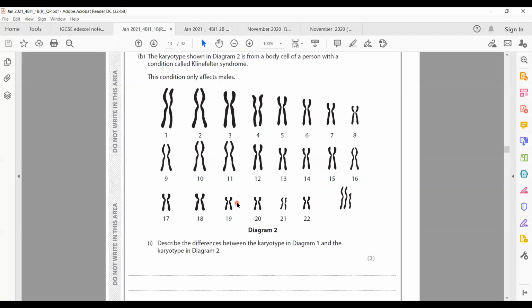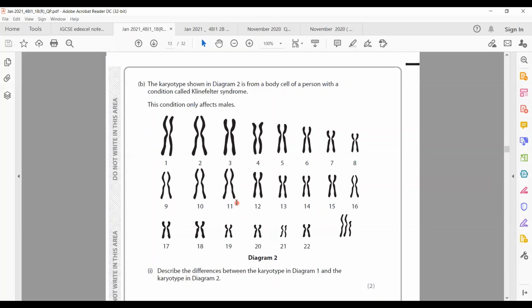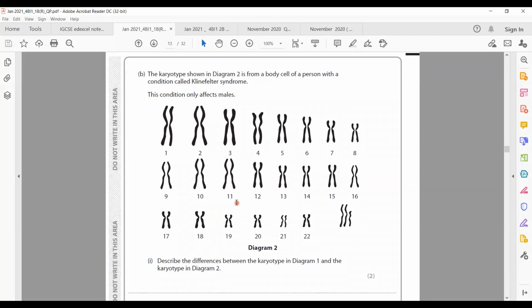Describe the difference between the karyotype in diagram 1 and the karyotype in diagram 2. So look at this and then I get you diagram 1. Okay, this is 1. So in diagram 2, there's 2 of the long ones and then one short one.